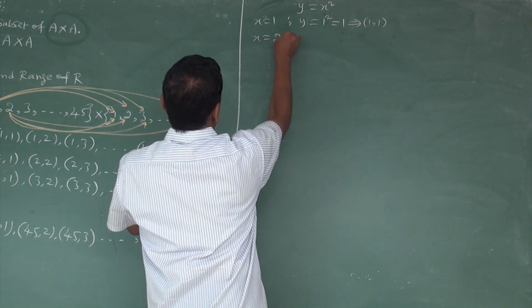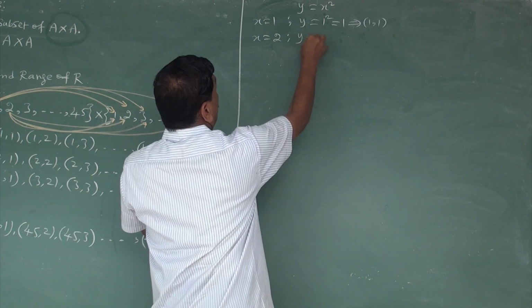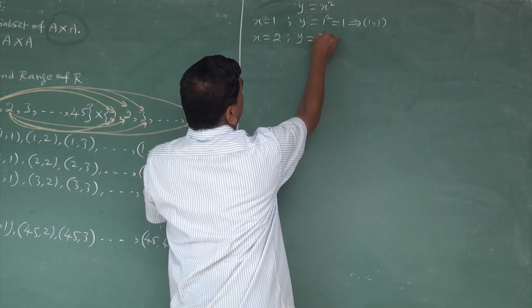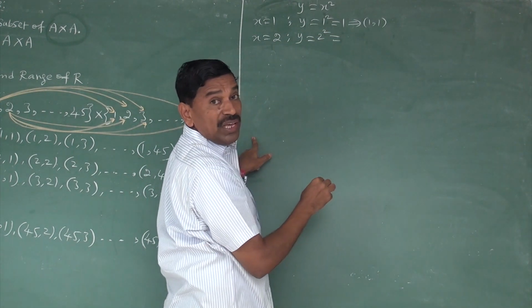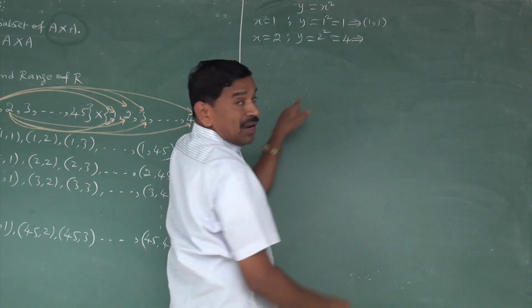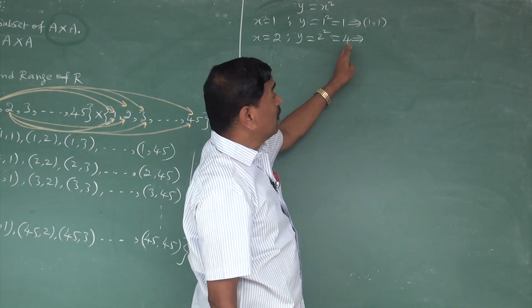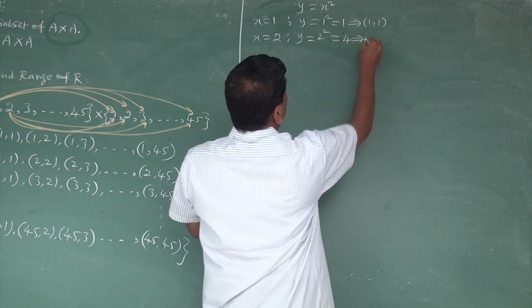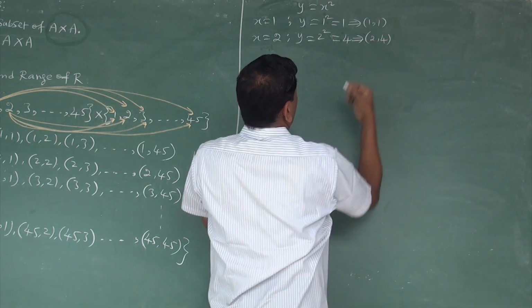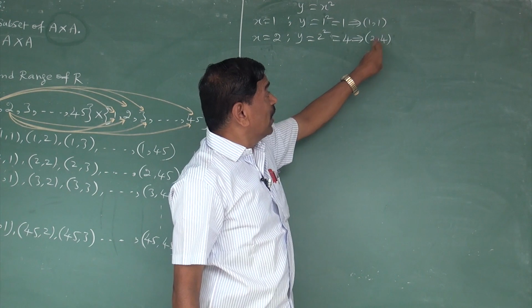When x equal to 2, y is equal to 2 square, which is equal to 4. Express in ordered pair. When x equal to 2, y equal to 4, therefore 2, 4. What is meant by 2, 4? 2 square is equal to 4.